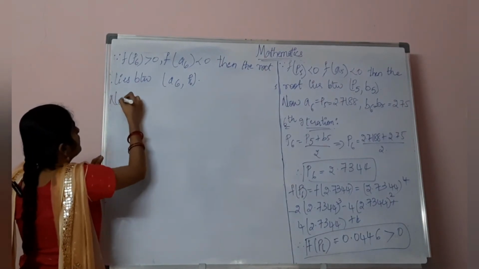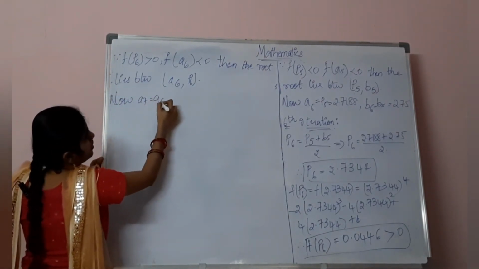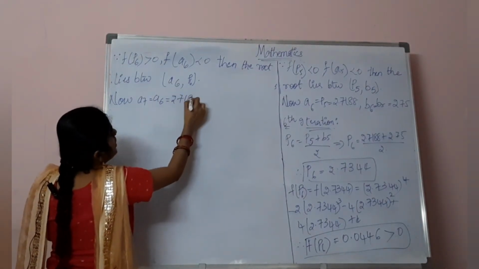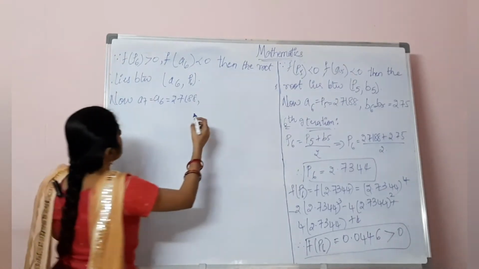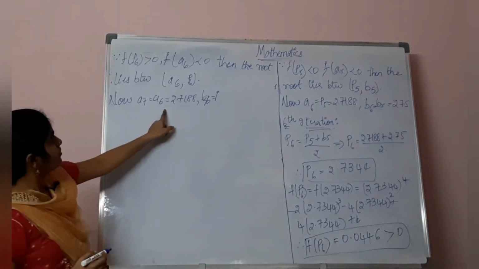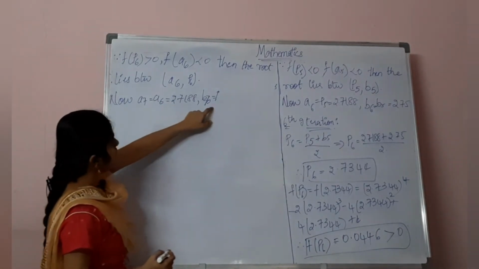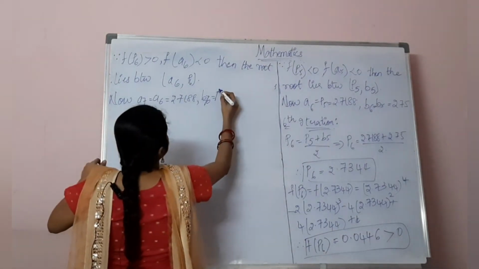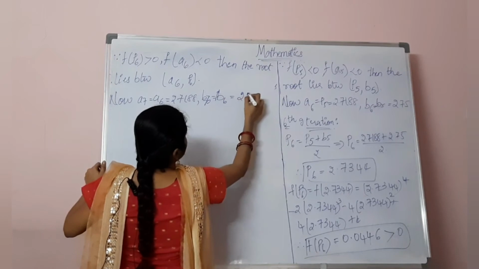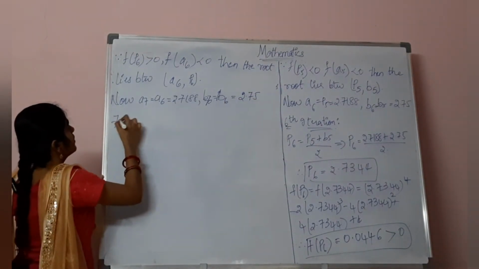Now A7 equals A6, which is 2.7188. Next, B7 equals B6, which is 2.75.